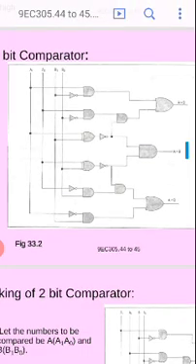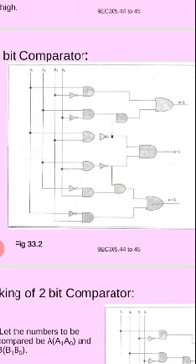Finally, the output is A greater than B, A equal to B, A less than B.